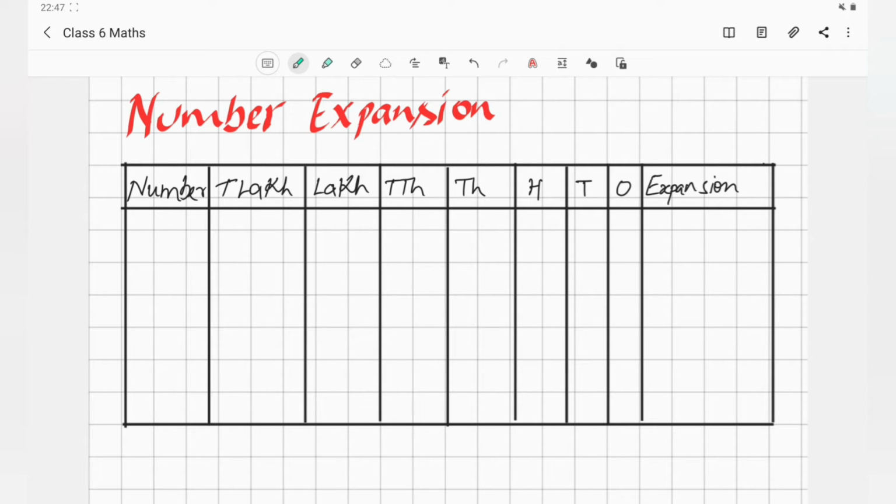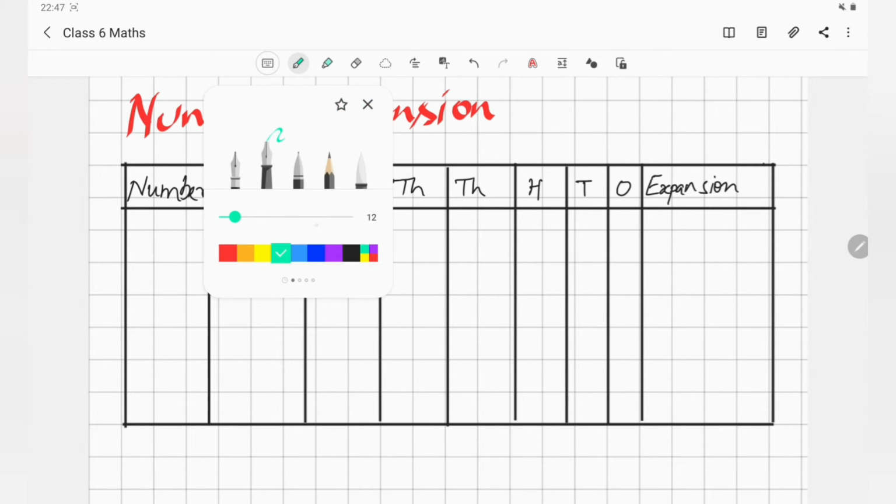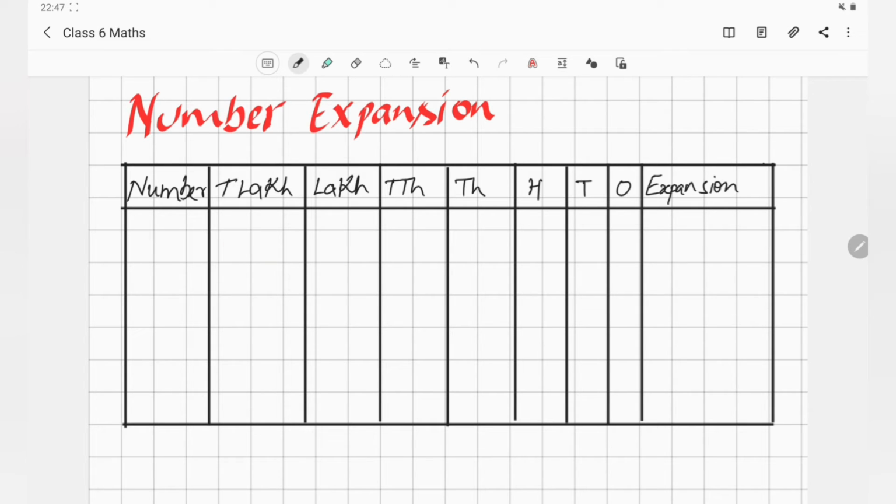So if I have to take an example, let us say I have to find the place value for 7342, right? How do I go about it?